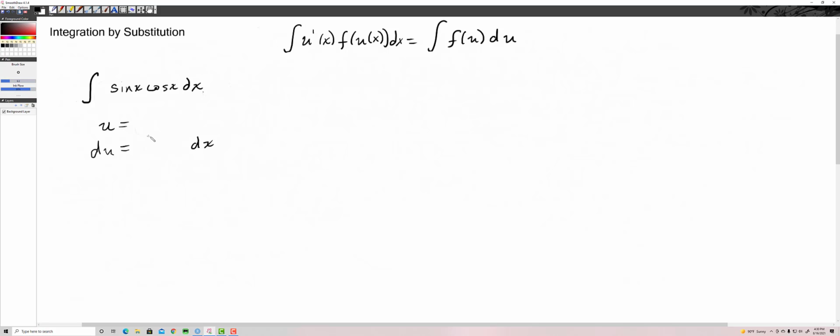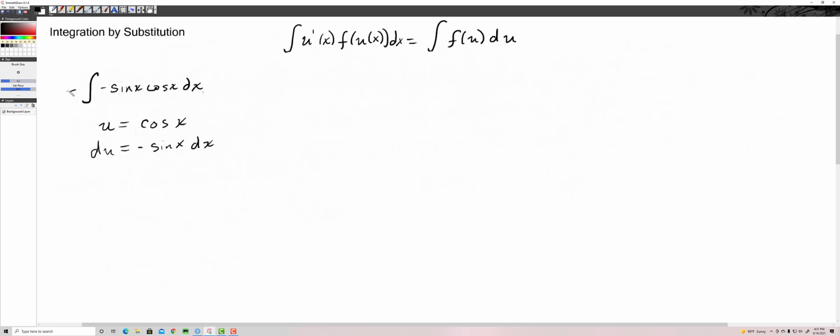Okay, so let's pick cosine. Well, the derivative of cosine is what? It's minus sine x dx. And so I have a positive sine x, but I need a negative one.